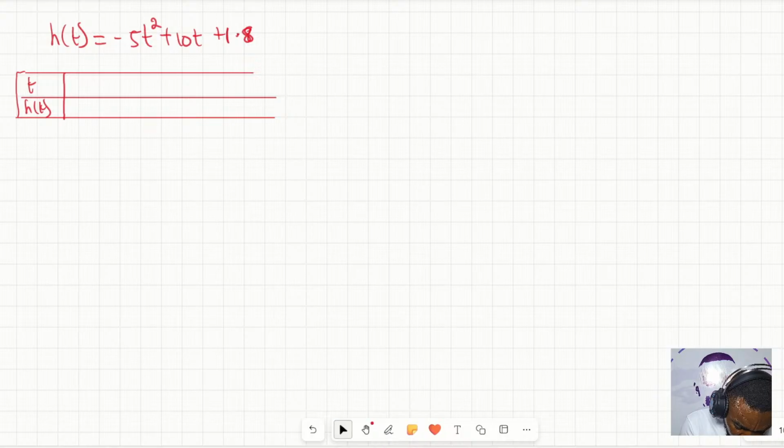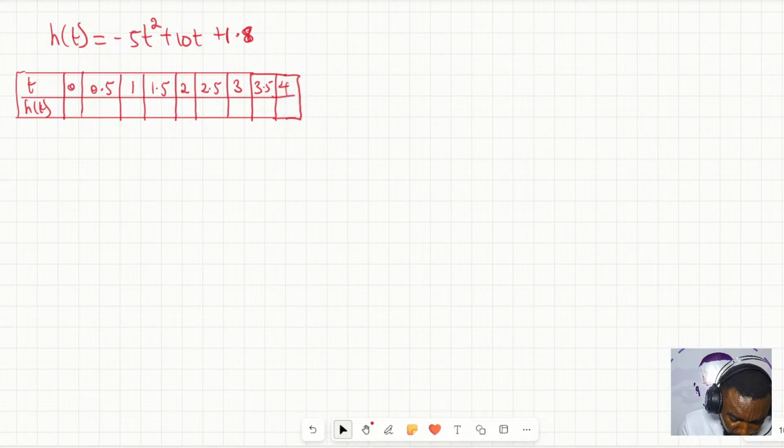So we'll begin from, let's say, 0, and then we can have 0.5, 1, 1.5, 2, 2.5, 3, 3.5, then 4. You know, for practicality, when you throw a ball and it's going into the basket, it doesn't take more than probably 2 or 3 seconds for it to reach the basket.